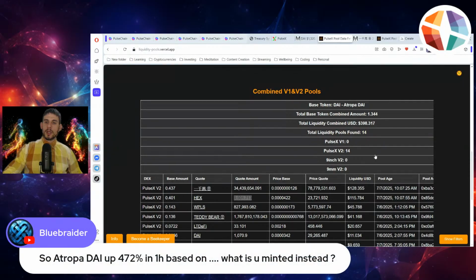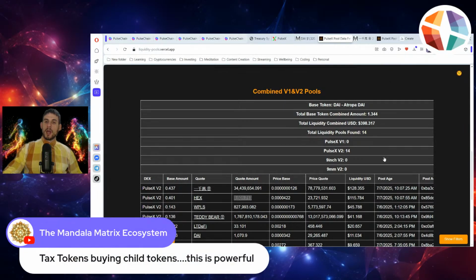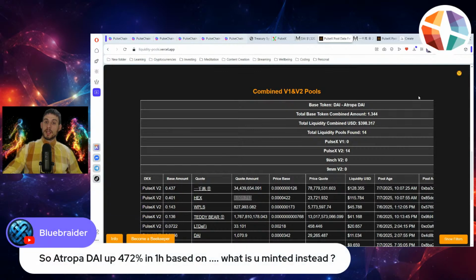So, Atropa DAI. Tax tokens buying child tokens. This is powerful. Exactly. It's really just about using what's there to create movement and fluctuations on the chain. So Atropa DAI is up, gee whiz. It's up because I think I started streaming about it. Up 472% in 1 hour. It might not be up because people have minted.